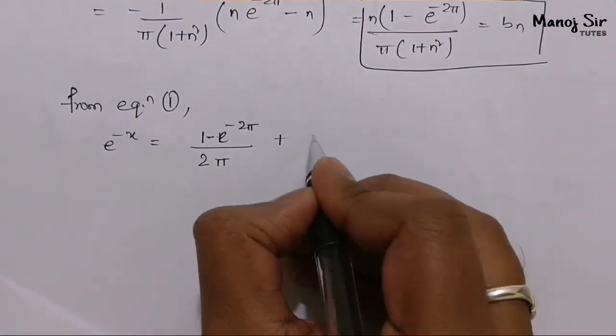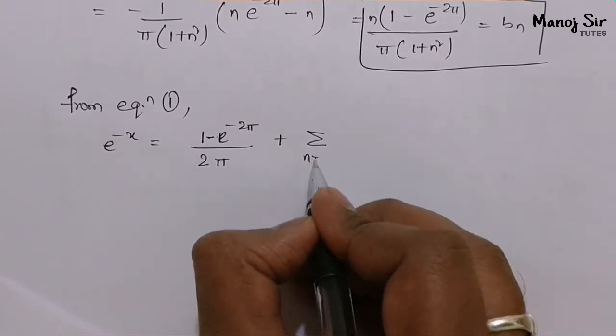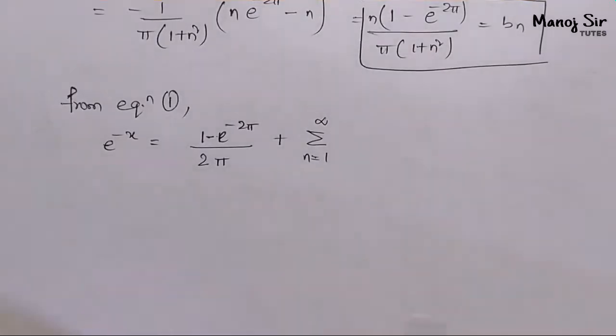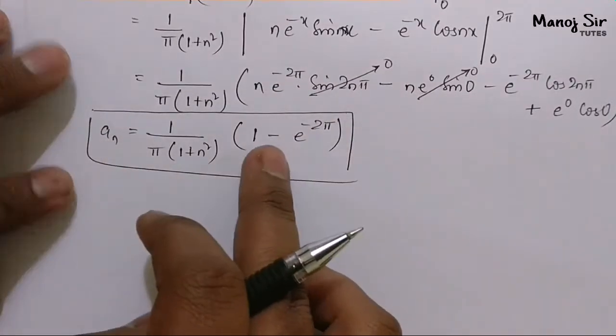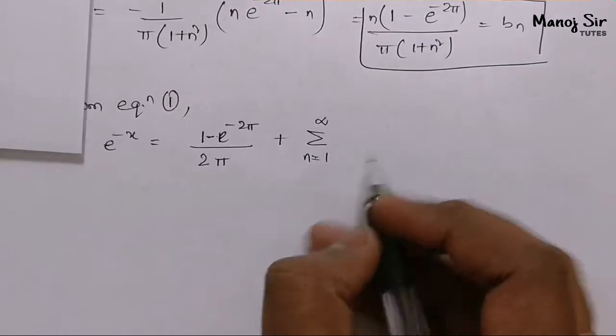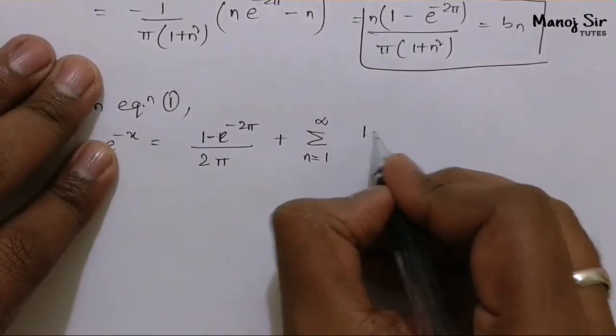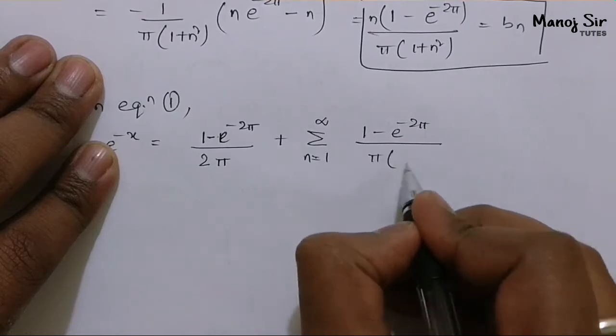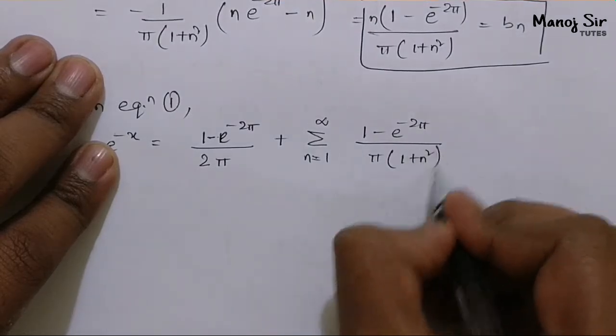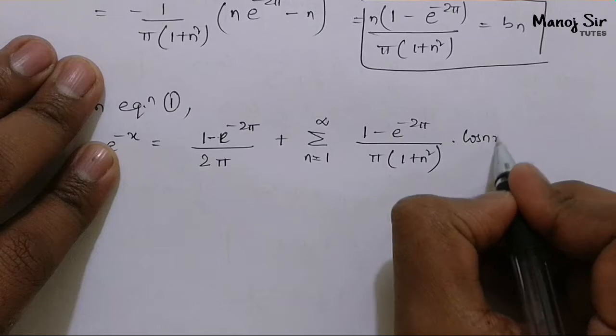Now plus summation n equals to 1 to infinity, we have the value of an: 1 minus e to the power minus 2 pi upon pi times 1 plus n square into cos nx.